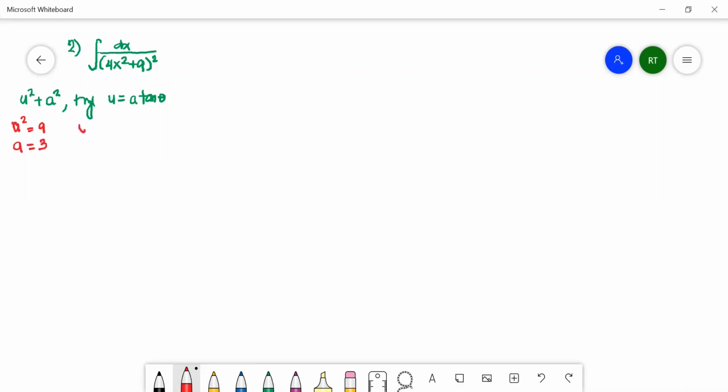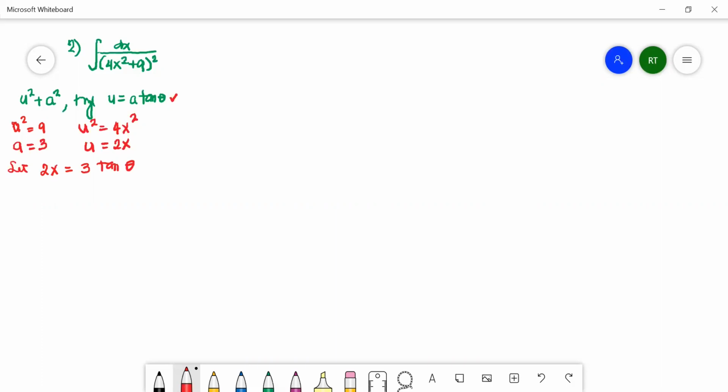We will let u squared be equal to 4x squared, and if we get the square root of both sides of the equation, that gives us u is equal to 2x. Since u is equal to a tangent of theta, 2x is equal to 3 tangent of theta.